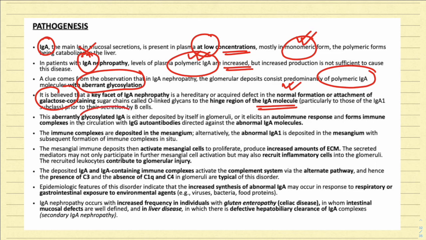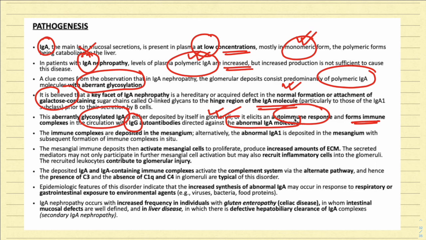So this aberrantly glycosylated IgA has a tendency to deposit inside the glomerulus, and it will elicit an autoimmune response and form immune complexes in the circulation with IgG autoantibodies, which are directed against this IgA molecule. So understand what is happening over here.